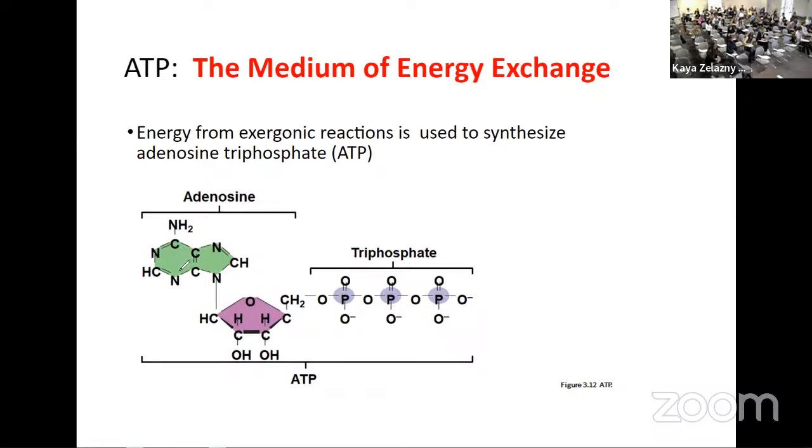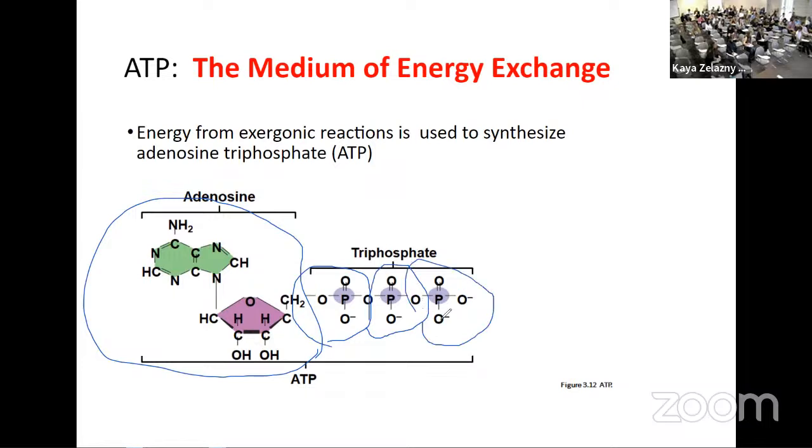I think we looked at a short picture of ATP when we were thinking about nucleic acids. But what we want to focus on when we're looking at the structure here is our ATP molecule. We have our adenosine nucleotide, and then we have our 3 phosphate groups, so ATP: 1, 2, 3.